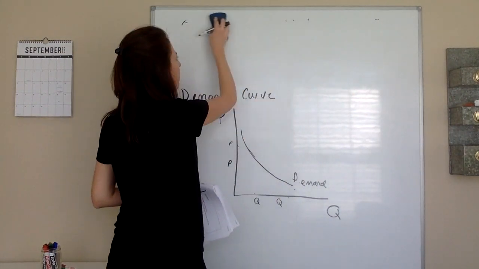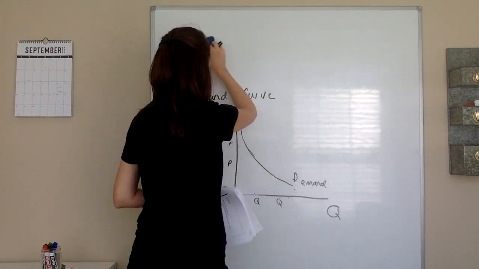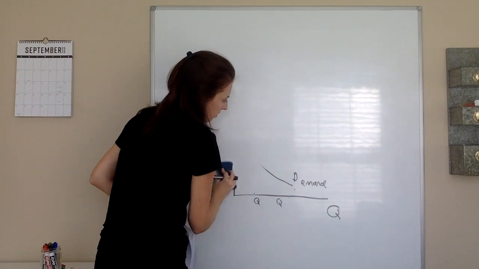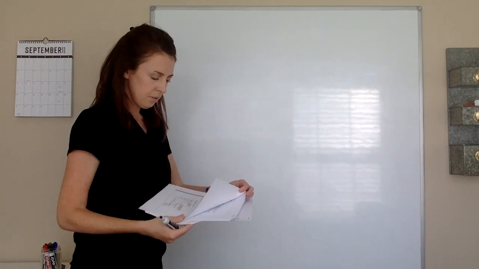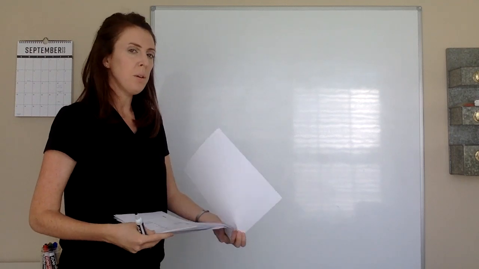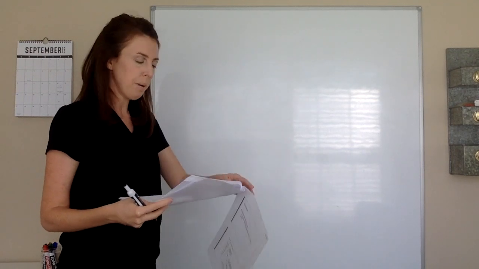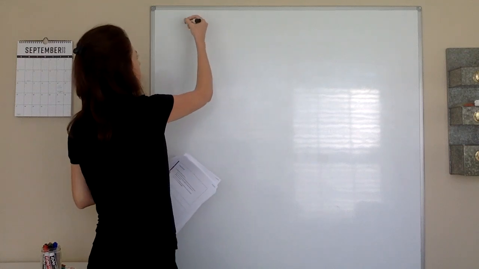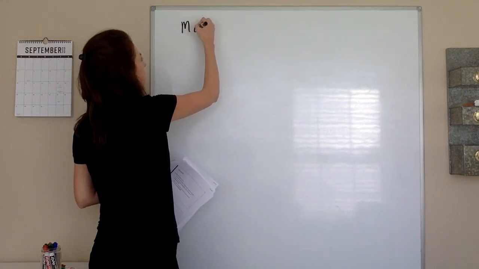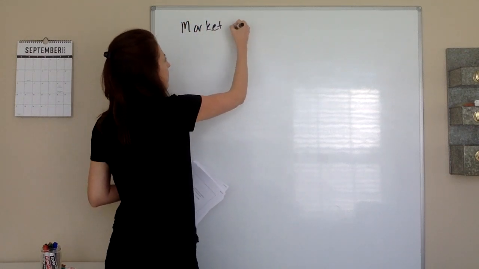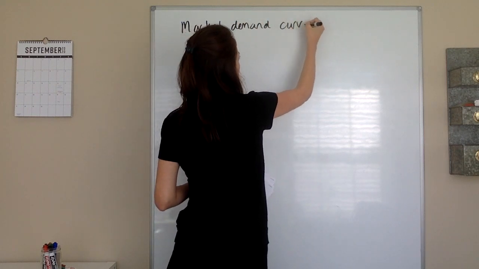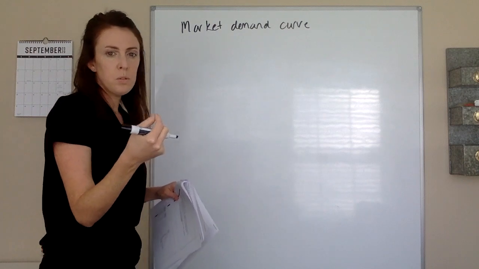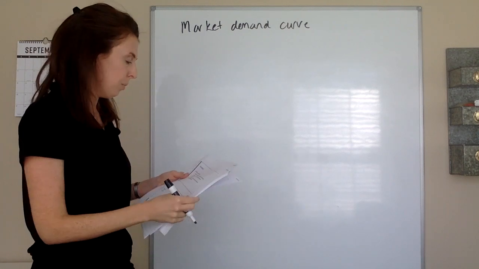Now let's think about how we get a demand curve for an entire market. Let's erase and start at the top. Okay, a market again is composed of a whole bunch of different people. We have on the demand side a whole bunch of different buyers. So if we're thinking about a market demand curve, then what we're really thinking about is the demand curve that reflects individual people's demands, where you've got multiple people.